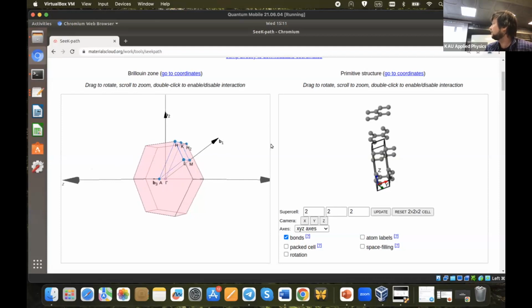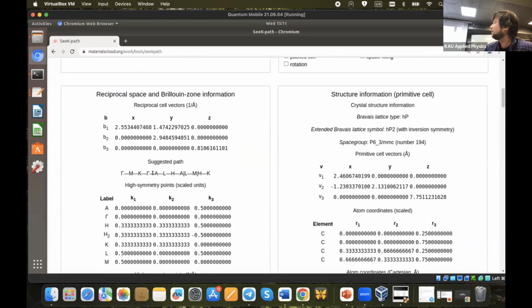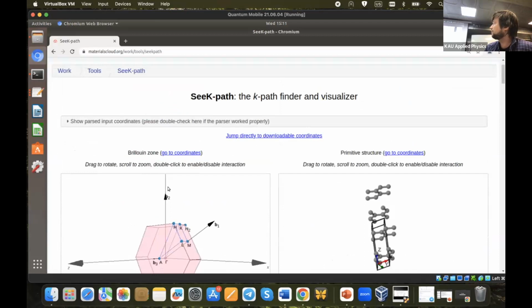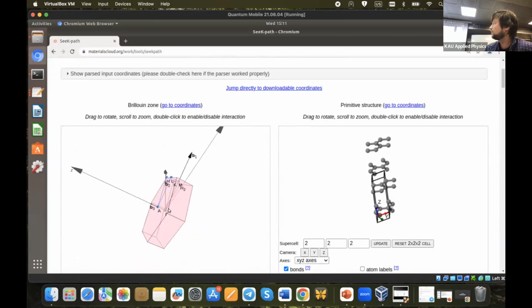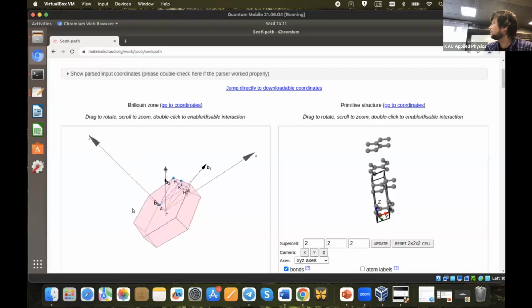Then we have A, L, H, A. What does it mean? A is the border of the Brillouin zone, right up from gamma. So from gamma we move to A, and we have the same triangle: A, L, right up from M, the center of this side, and H, right up from the corner K. So we have one triangle, then we move to the border of the Brillouin zone and have another closed triangle.